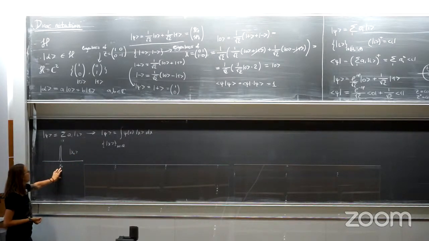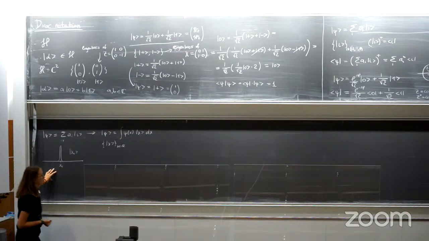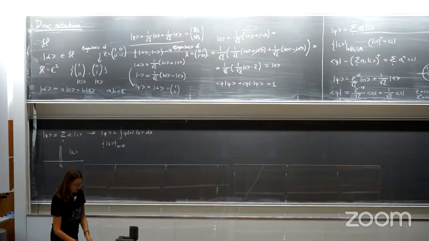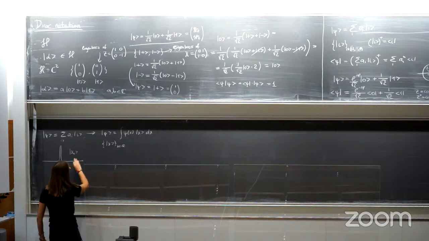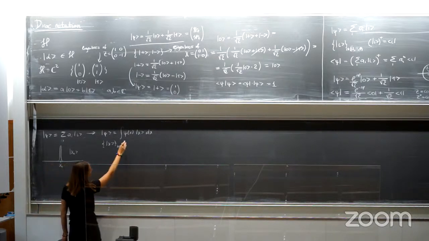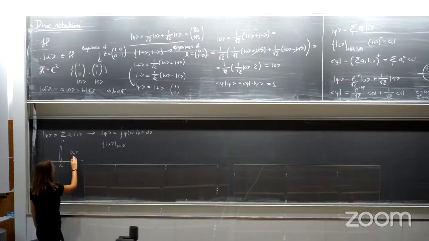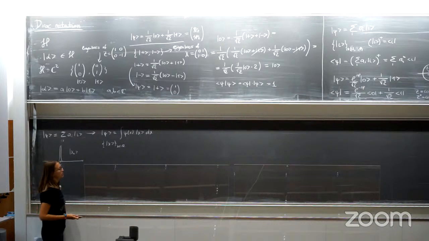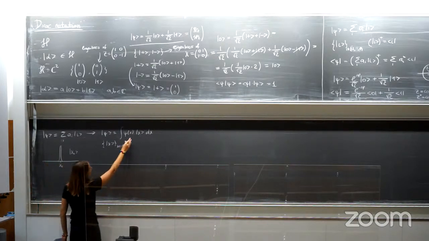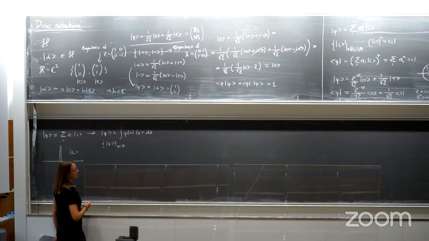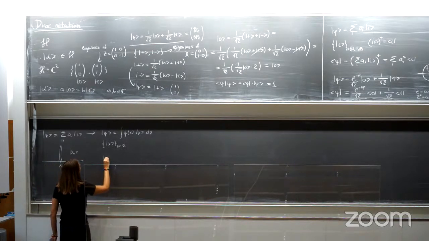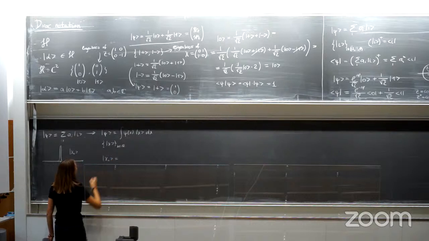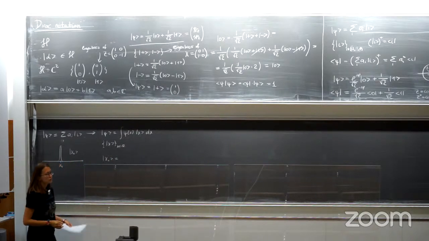Now the question is, what is its wave function? So the wave function in this case is the representation of this state in the position basis. So we need to see what psi of x is, which is just a function. To describe this, we use the so-called Dirac delta function.